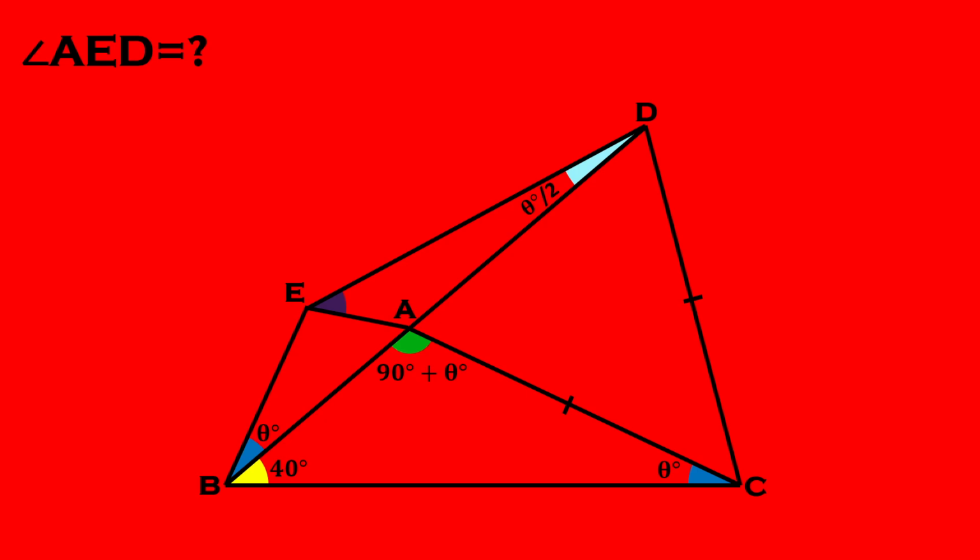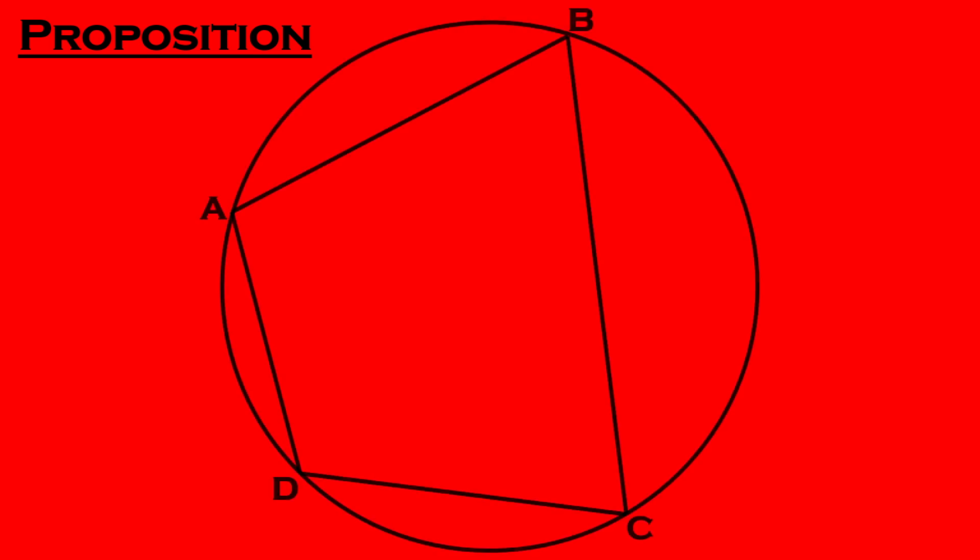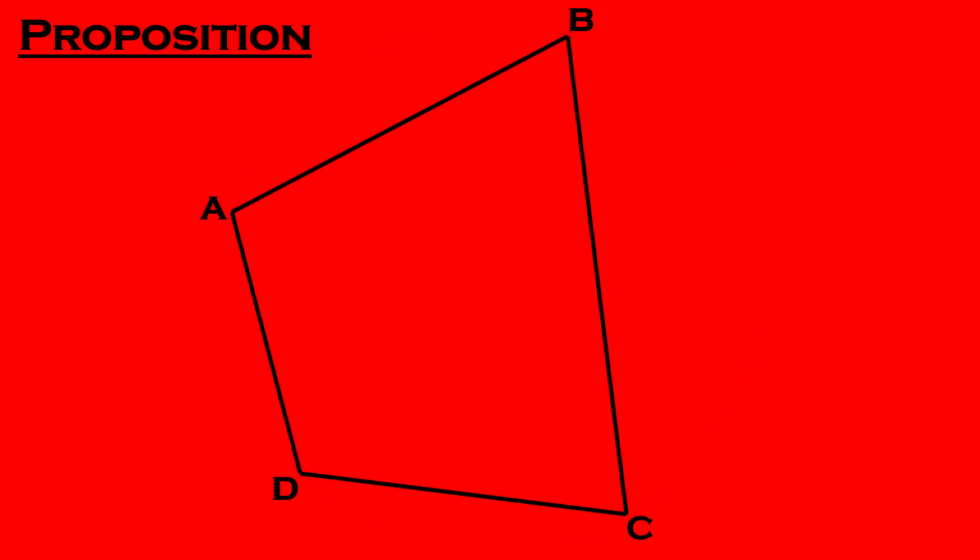Now, before starting, let's prove a proposition which will be useful for us to solve this problem. Suppose we are given a cyclic quadrilateral and a point E inside this quadrilateral such that if we form EC and DB, then the green and the blue angles will be equal.